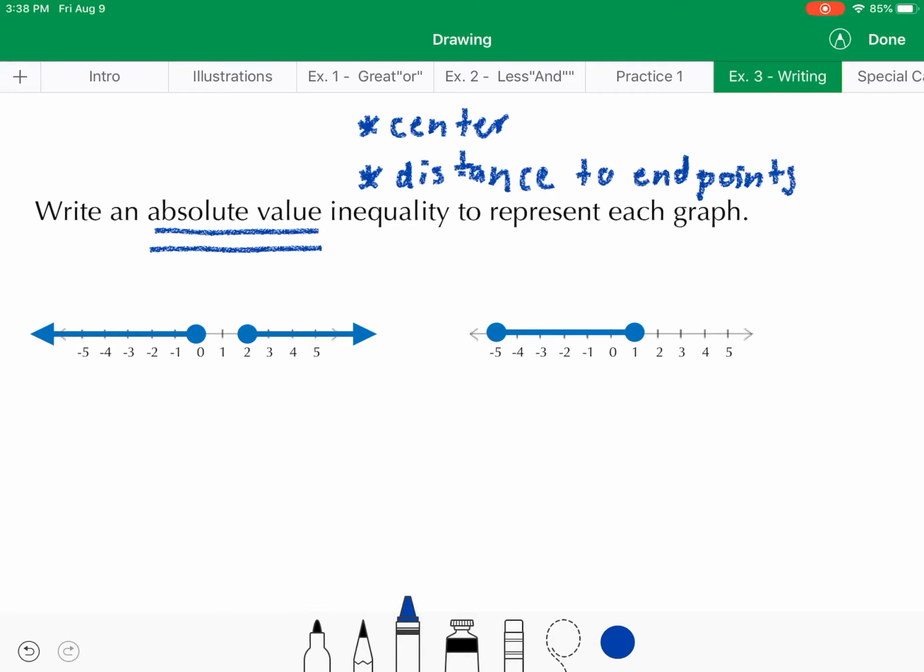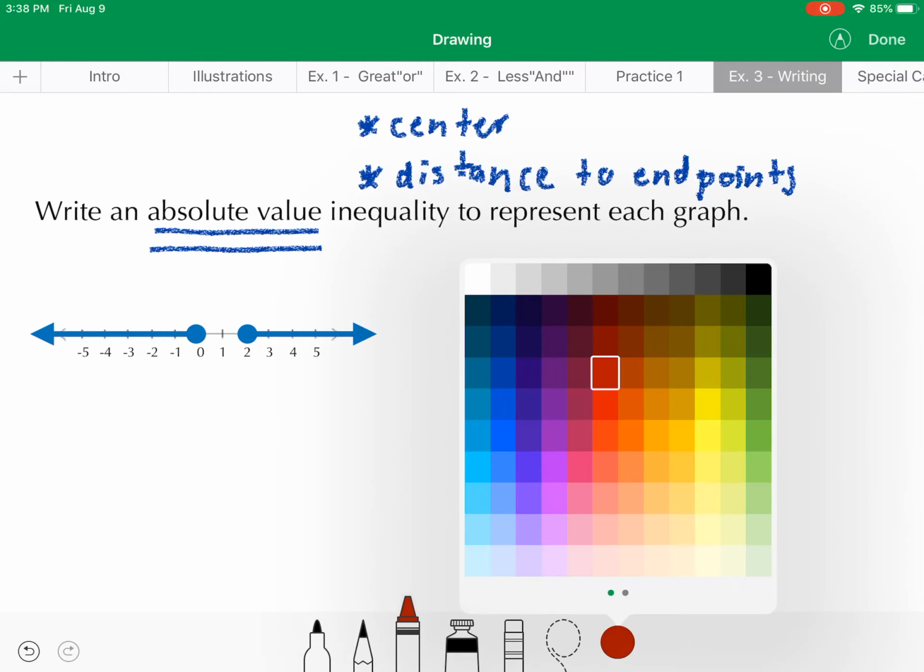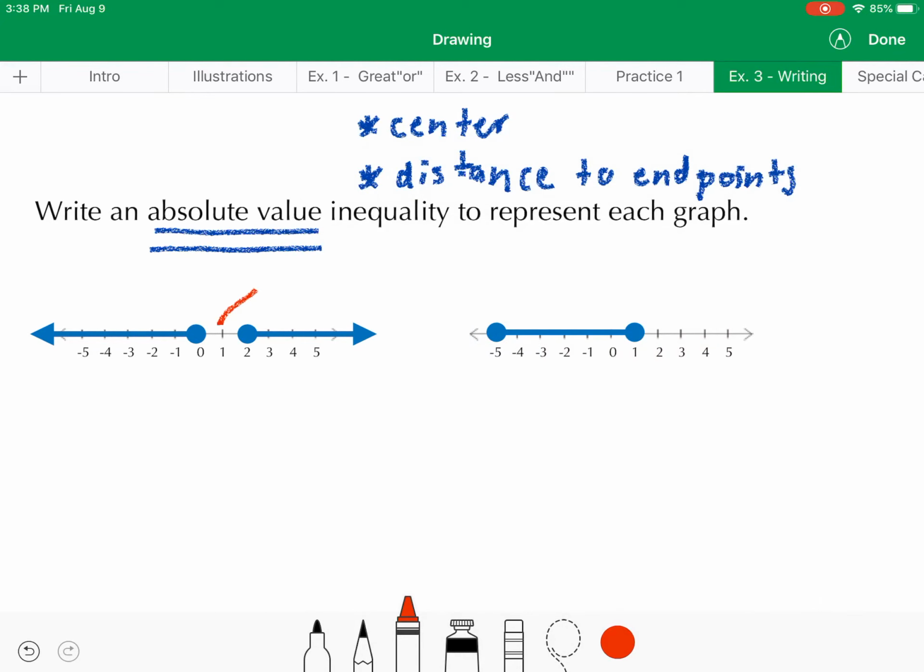Okay, so let's look at the one over on the left-hand side first. Notice your center is right here at 1. And then these two endpoints both have a distance of 1 unit from that center, right? Okay, so taking this all into account, your absolute value will have to be of x minus 1.